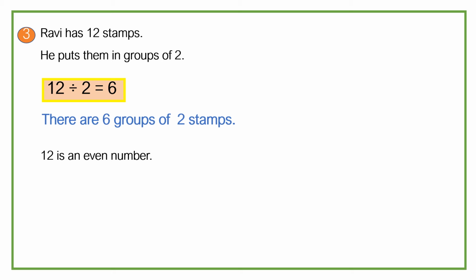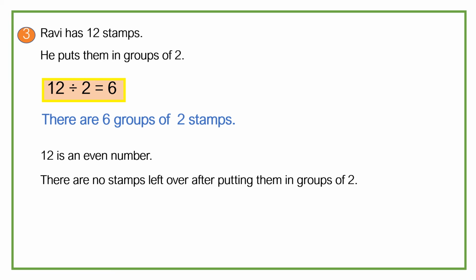We know that when we divide an even number by 2, we do not get any remainder. So that's why we have 6 and there is no remainder. So 12 divided by 2 equals 6 and no remainder. Therefore, no stamps left over after putting them in groups of 2.